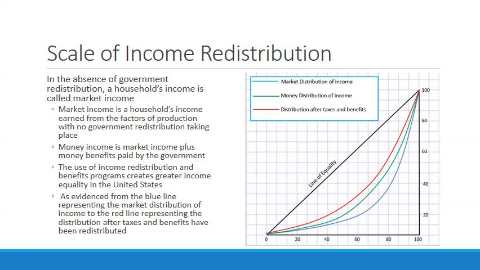So this shows that income redistribution does create greater equality, but you'll notice it's not necessarily close to equality, it's just more equal. It's still not equal. There's a huge gap between that line of equality and the distribution after taxes.